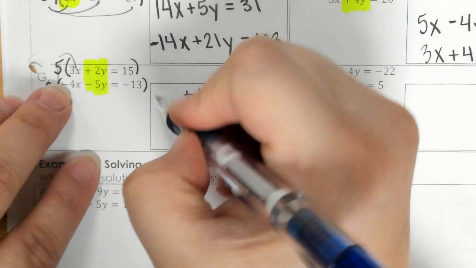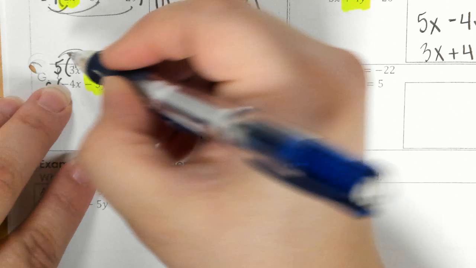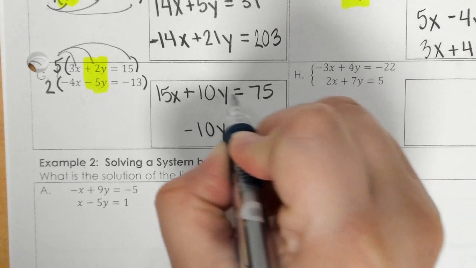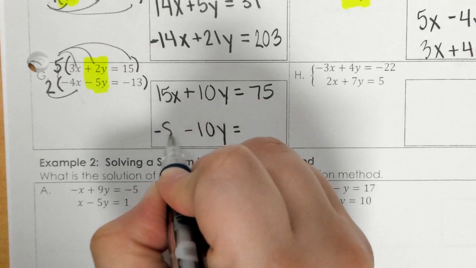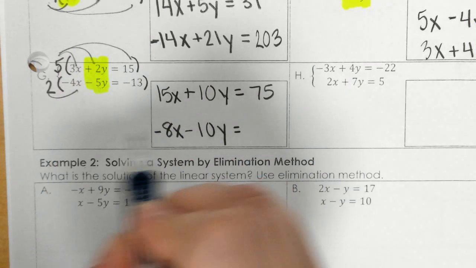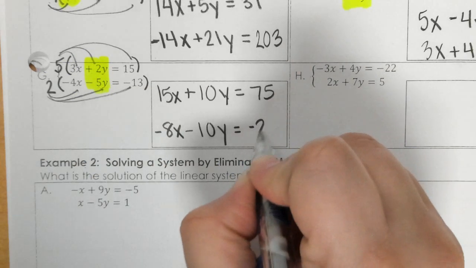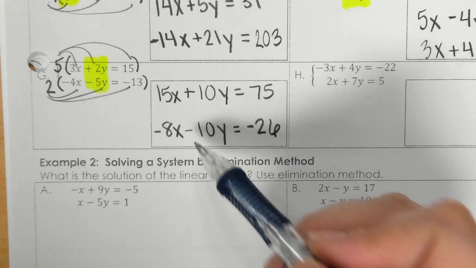So 5 times 3x, 5 times 2y, and 5 times 15. Okay, 2 times negative 8x, sorry, 4x is negative 8x, negative 10y, and negative 26. So then you can see we could cancel out the 10s.